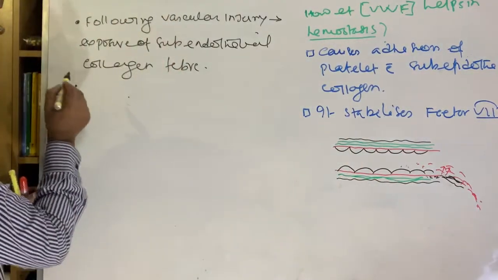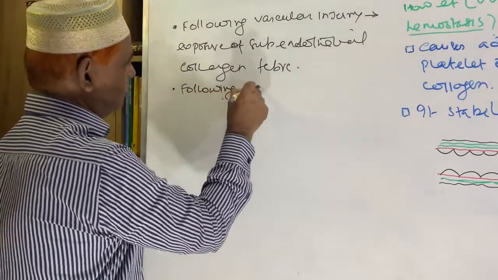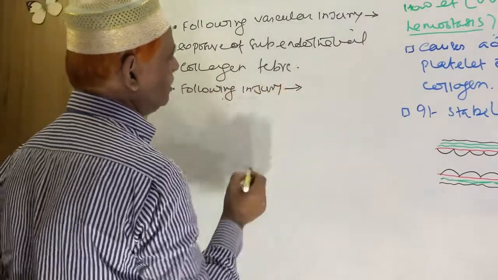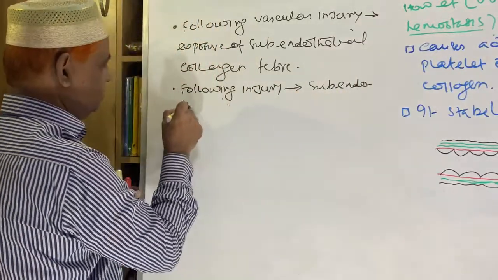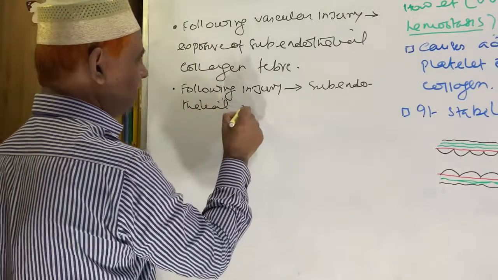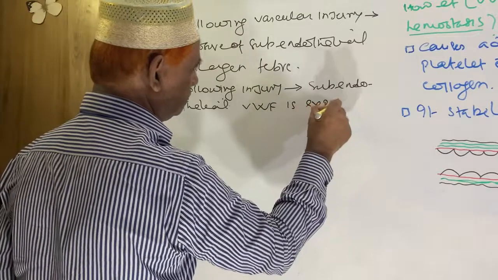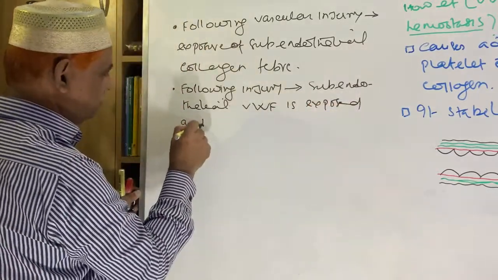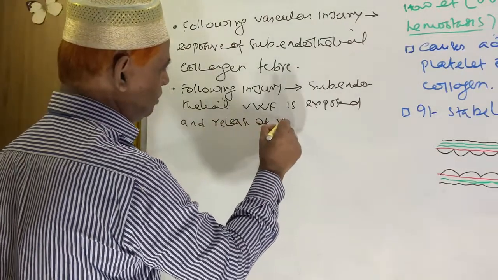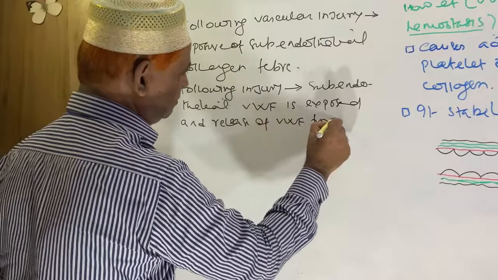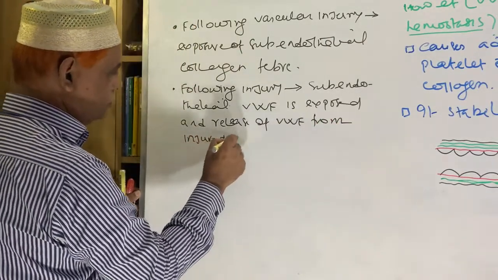So, following vascular injury, subendothelial von Willebrand factor is exposed, and von Willebrand factor is released from the injured endothelium.